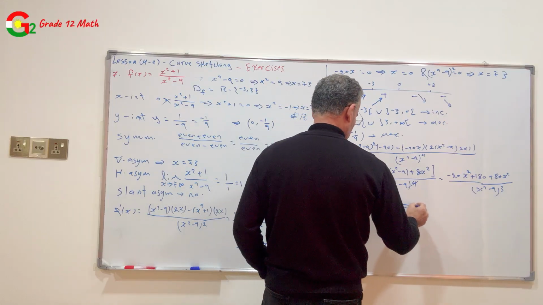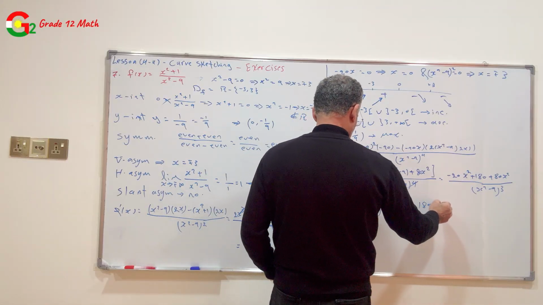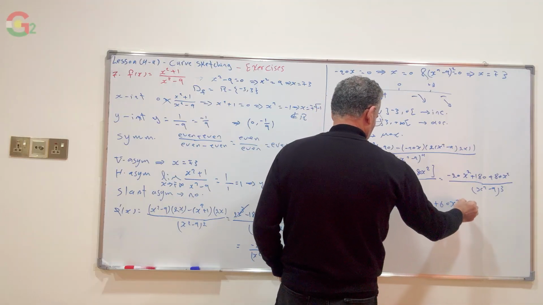Set it equal to 0, cross multiplication, then 180 plus 60x² equals 0.